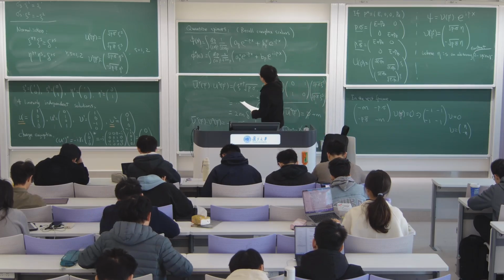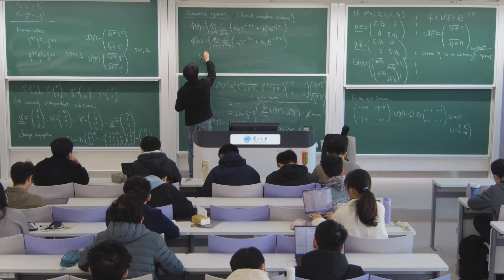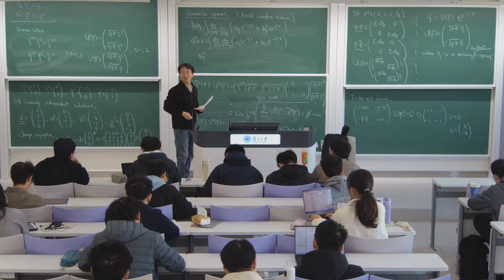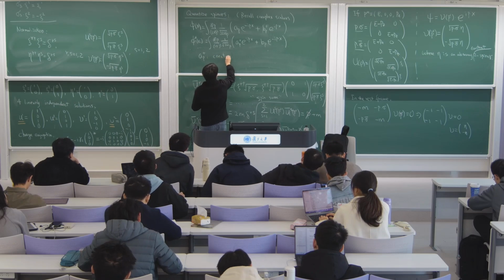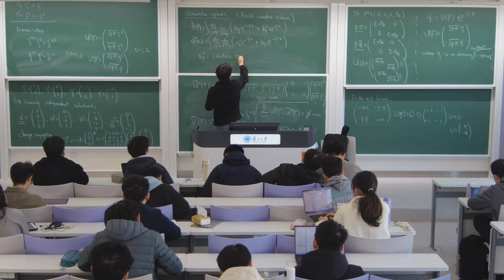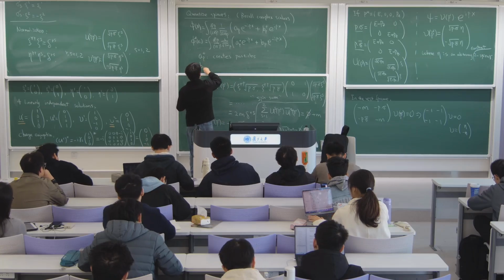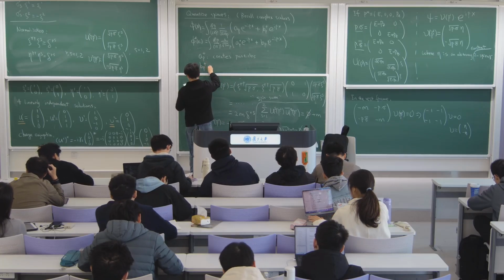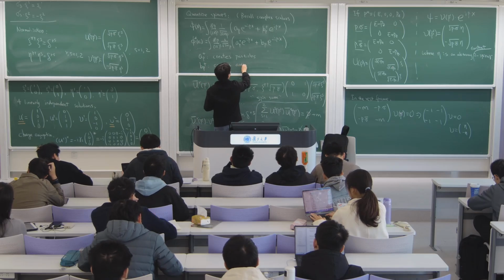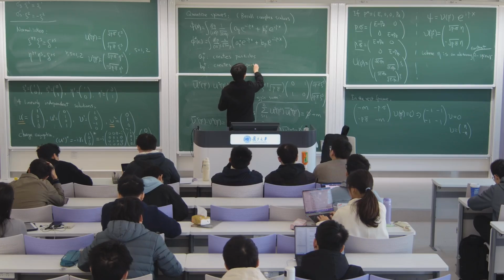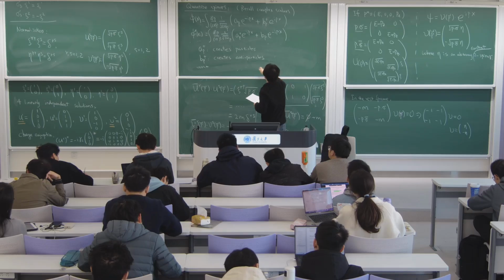And then what is the physical interpretation? We know dagger is always the creation operator. So AP dagger, we interpret as creating particles, while BP dagger, we interpret as creating antiparticles.